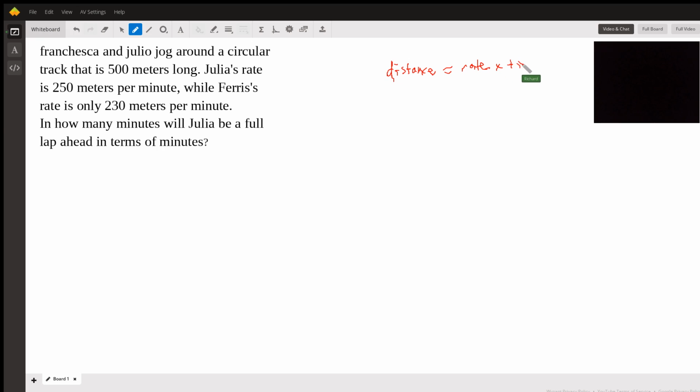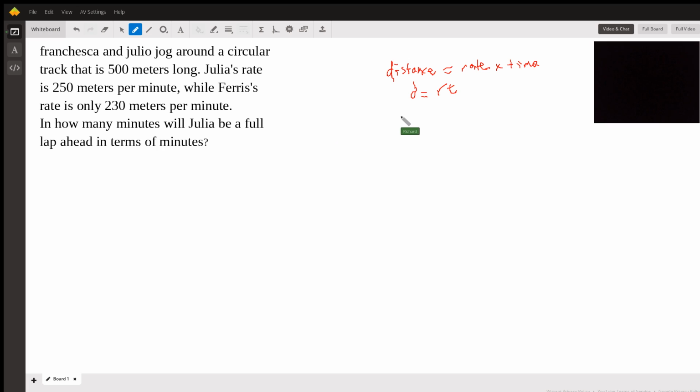I'm putting that in red because it's something that you have to memorize. Typically the letters that we choose for these variables is just d equals RT. So just try to keep this in your head. It's something that you shouldn't forget because it's used over and over.